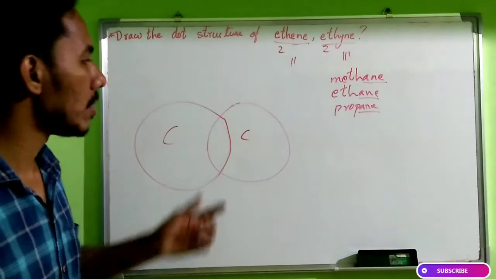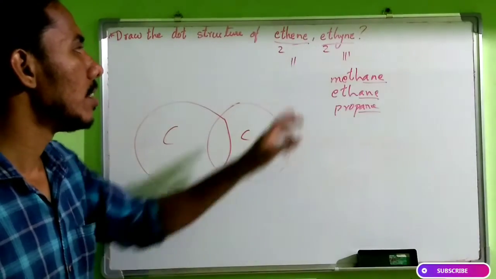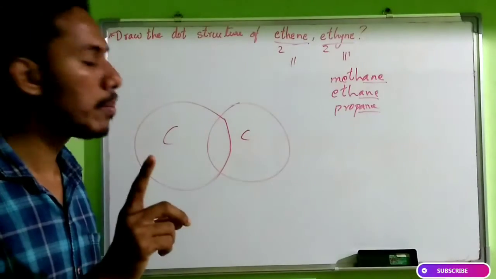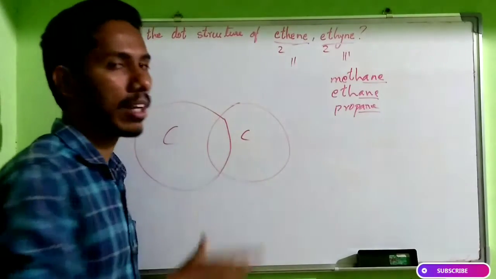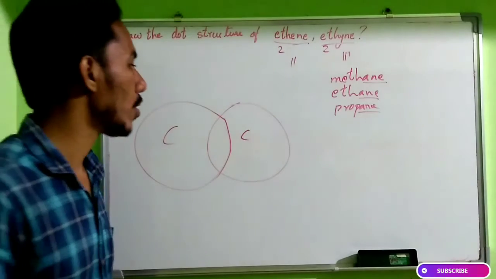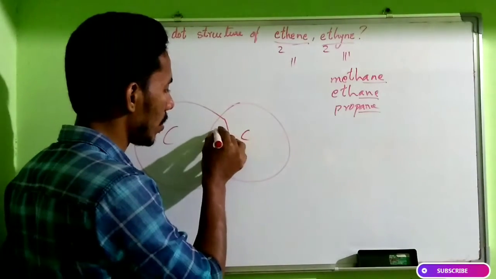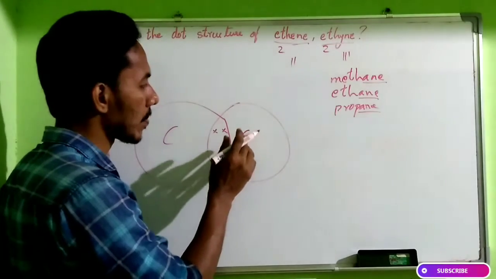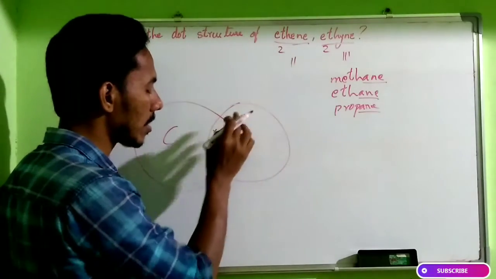How many carbon atoms? 2. And this ENE means there is a double bond in between these carbon atoms. Double bond. Okay. So here, there are only 4 electrons in this carbon atom.